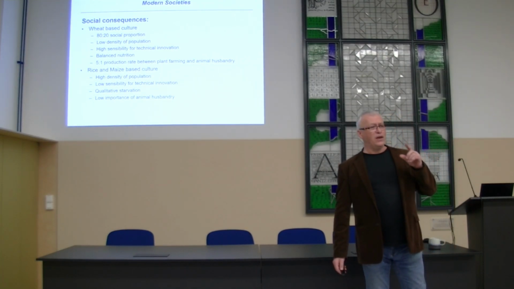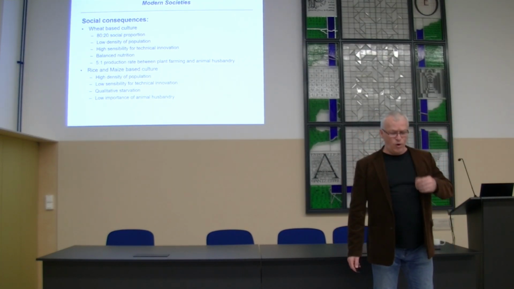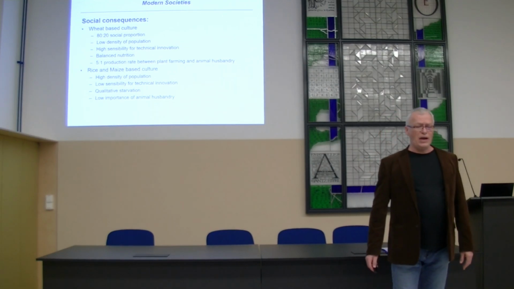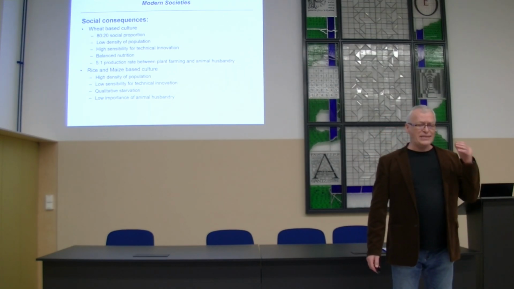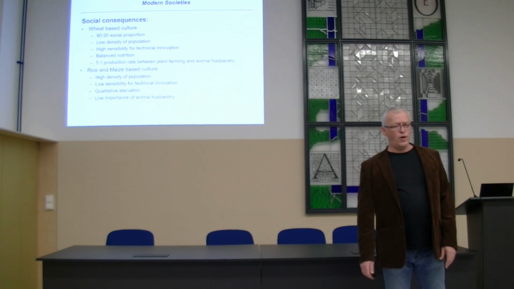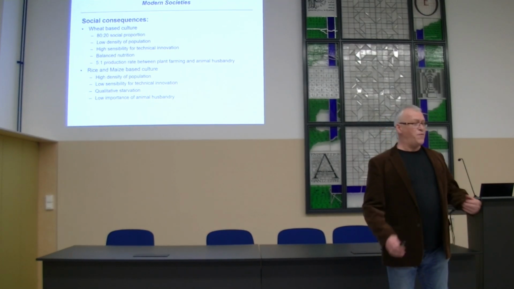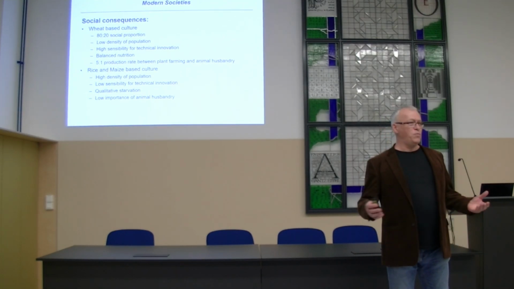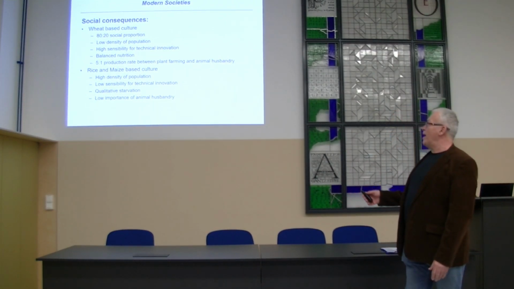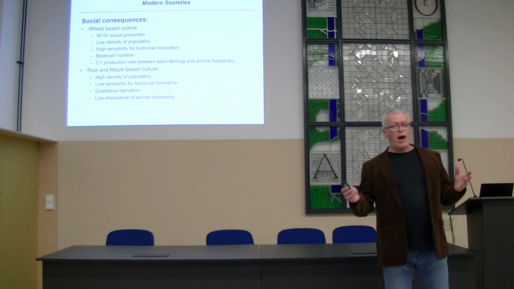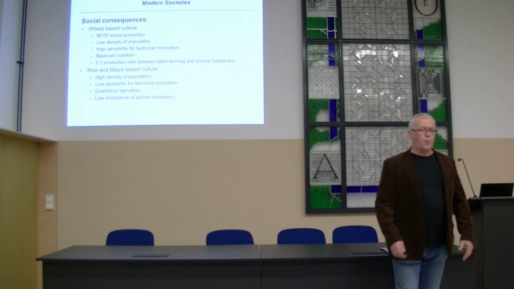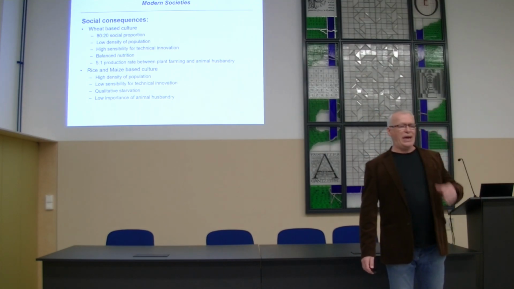It's crucial in the trajectory of European civilization that a high sensibility for technical innovation came from agriculture. It's very interesting. Okay, look at the structure and the profile of European trade.